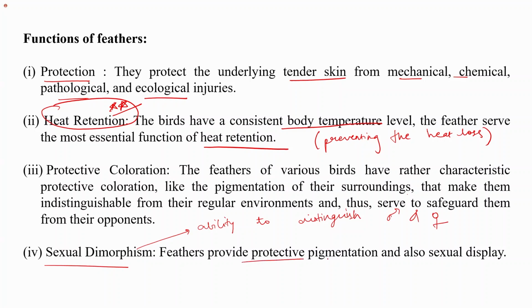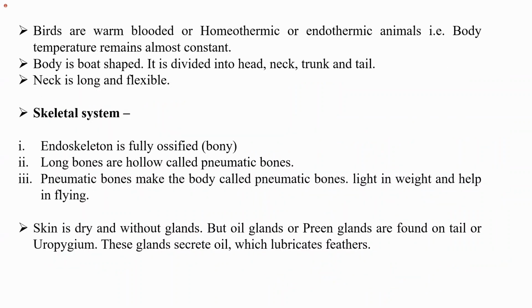So they provide protective pigmentation and also sexual display. For example, we know about the peacock and peahen. Right? So you can see the presence or absence of the long feathers which are present in the peacock and absent in the peahen, therefore providing sexual dimorphism.